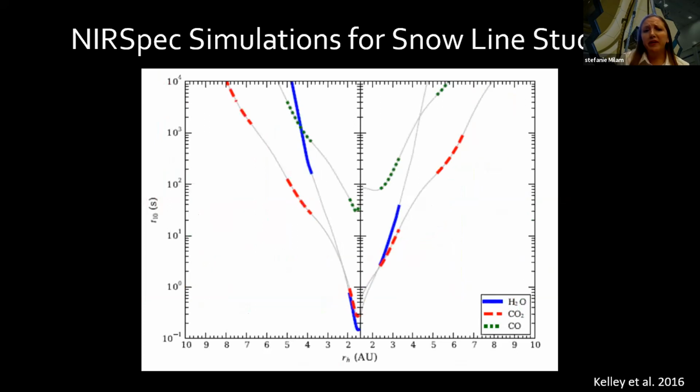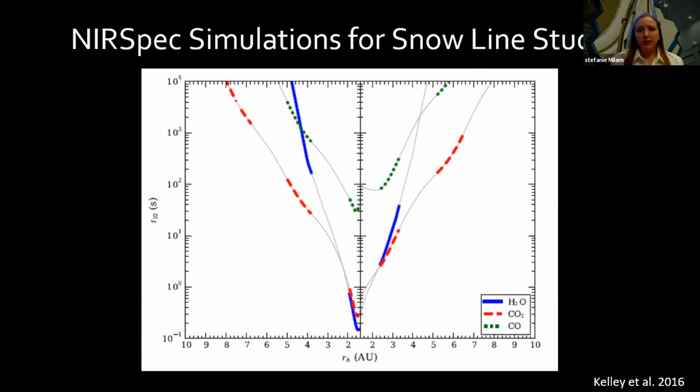And with the sensitivity of Webb, we're actually going to be able to study snow lines within our own solar system. So actually watching and monitoring objects as they come into the solar system at large heliocentric distances, or distances from the sun, we can see when sublimation of some key volatile species in comets actually starts turning on, and monitor these snow lines of these objects as they come in and out of the solar system.